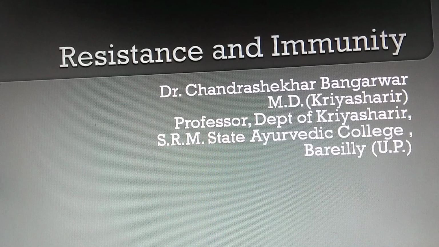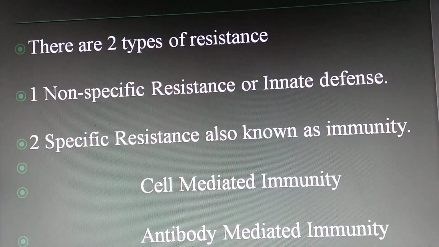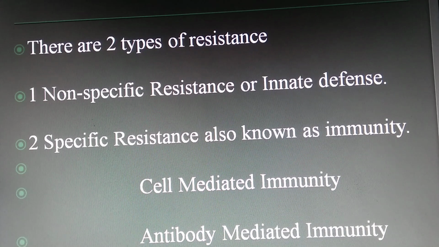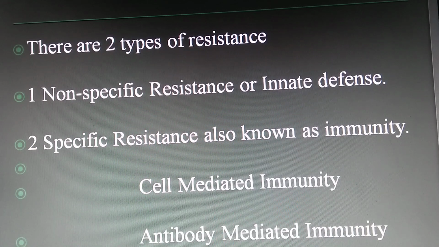We were talking about resistance and immunity. We have seen that there are two types of resistance: non-specific resistance, which is also called innate defense, and specific resistance, which is also known as immunity.